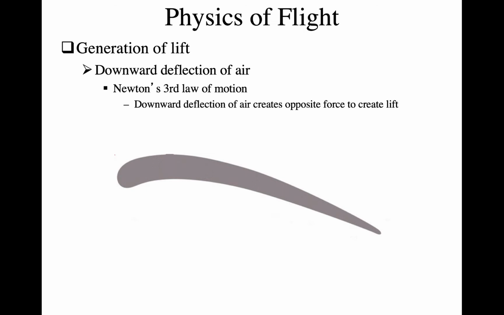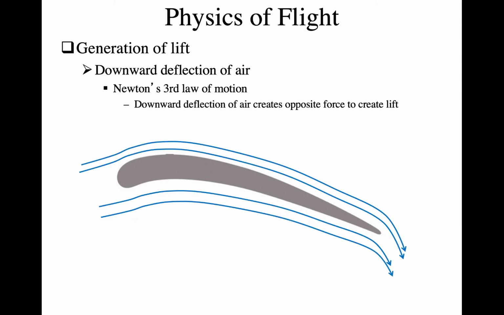All right, well, let's really focus right now on creating lift, and we're going to use a simplified explanation of just a bird sticking out its wing, kind of just straight like the wings on an airplane. So there are two basic ways that you can generate lift, two different physical aspects that are going on here. One is that there can be a downward deflection of air that is going off of the back of the wing.